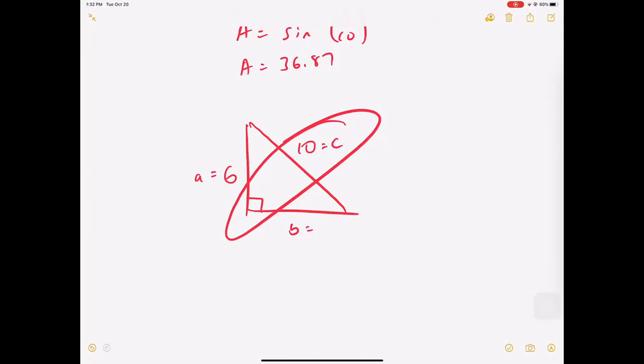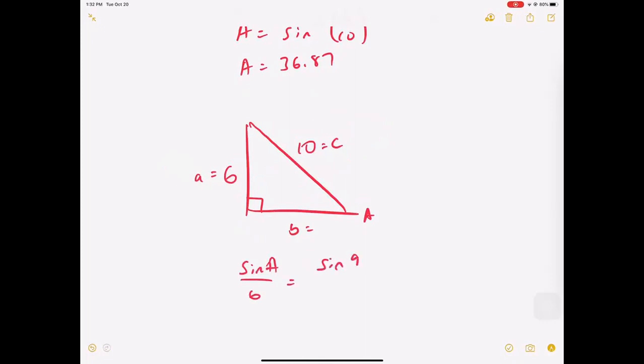So if I have C, I'm going to solve for A, okay? So sine of A over 6 is equal to sine of 90 over 10. And on your calculator, this would totally work.